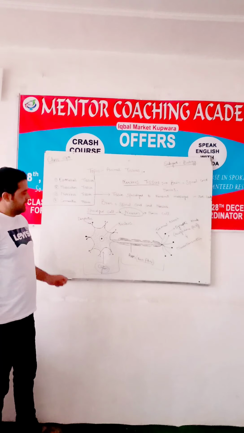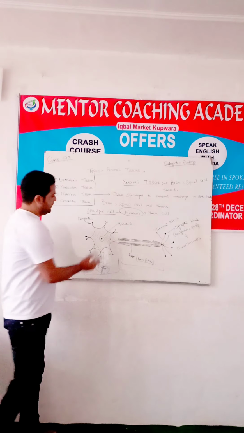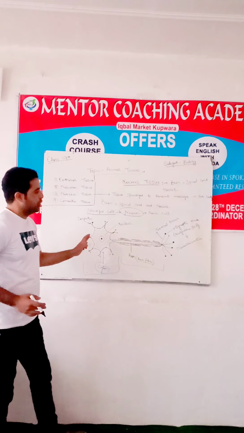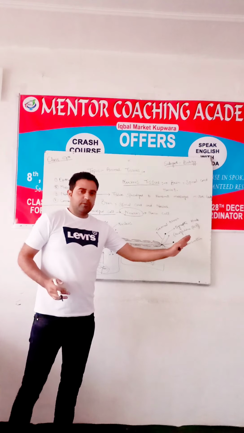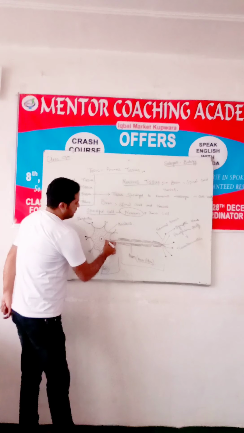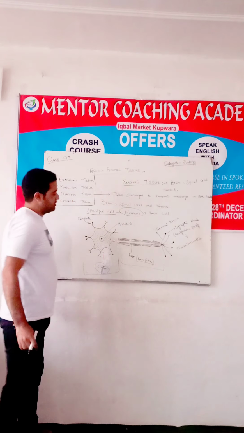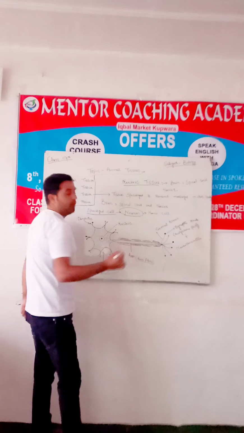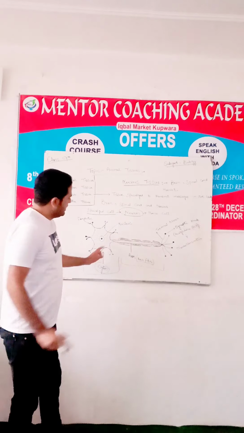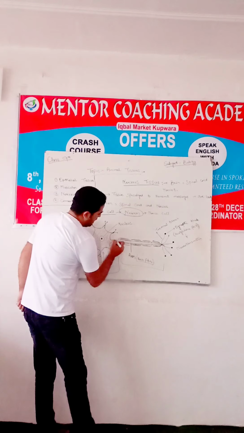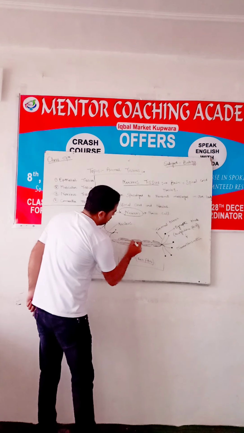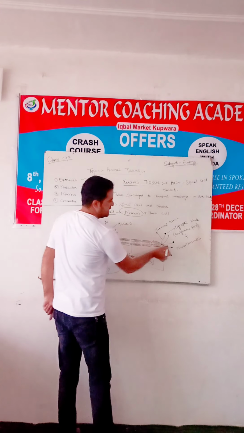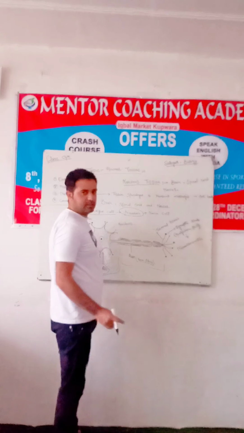Now the nucleus receives this message and has to transmit it to other parts of the body. It transmits this signal in the form of electrical impulses. These electrical impulses are transmitted through this axon, and are received by the terminal branch.